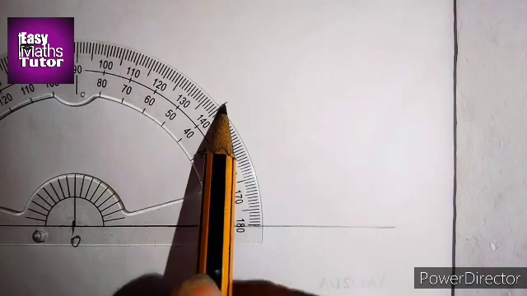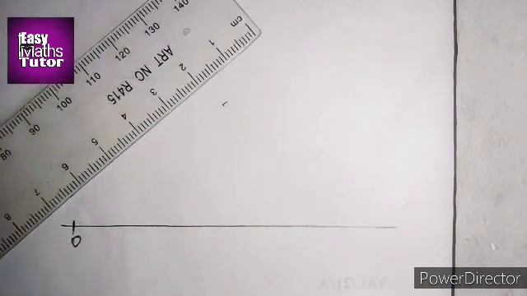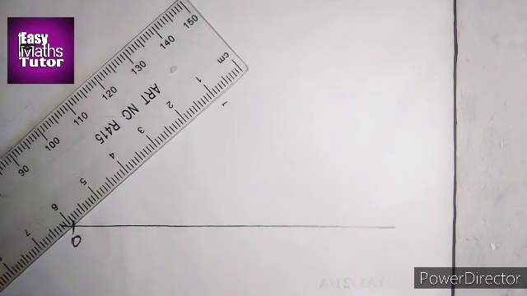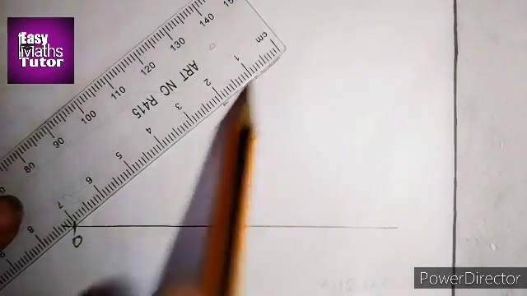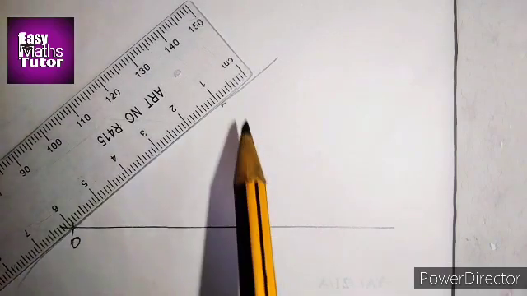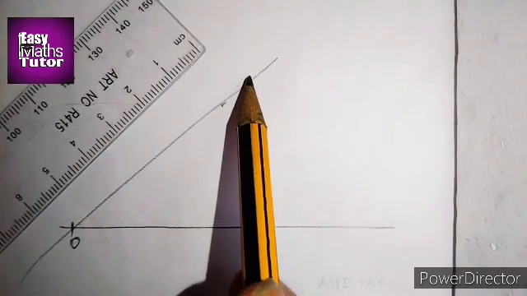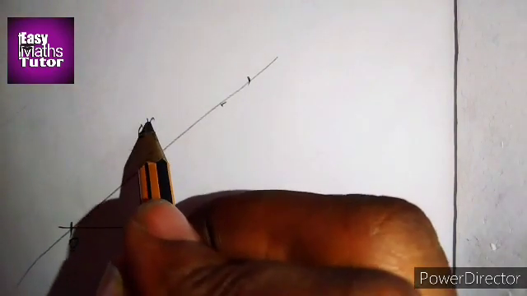Then we're going to extend it 6 kilometers. We'll choose 6 centimeters as our 6 kilometers. First of all, we'll draw a straight line, then we measure 6 centimeters. So this is 6 kilometers.